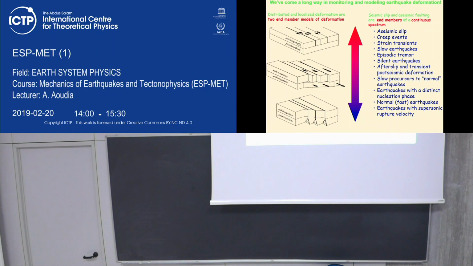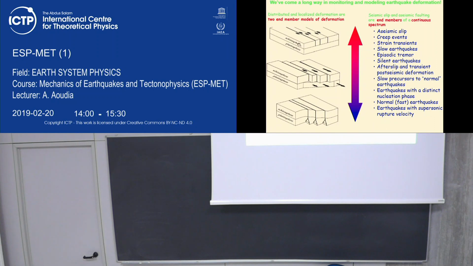You start from the first model, called a distributed model, by which your faults stop at the intersection between your schizosphere and your plastosphere. What is the difference between schizosphere and plastosphere? Yes, sir? Schizosphere is the brittle part. It's the part that deforms elastically. And the plastosphere should be the flowing part, right?